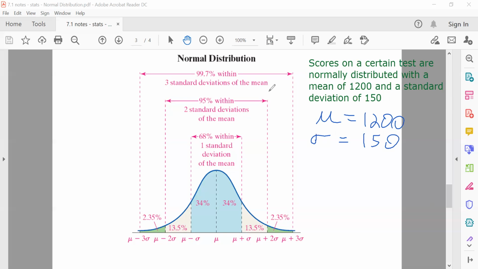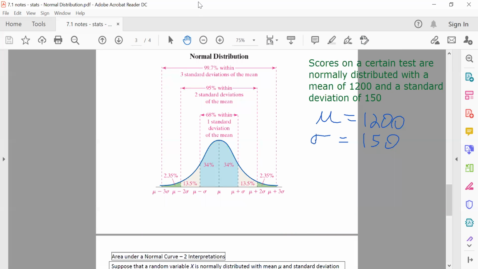What we can do is we can actually chart this situation on this graph here.